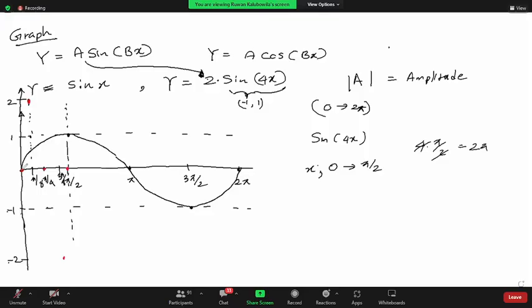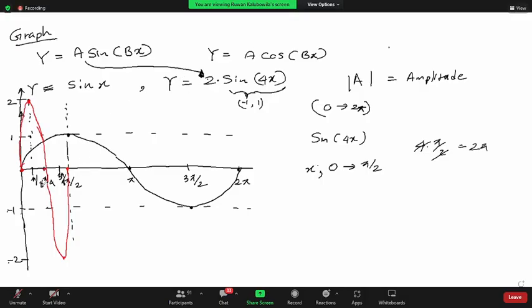Now let's go. This is the graph for y equal to sin 4x.